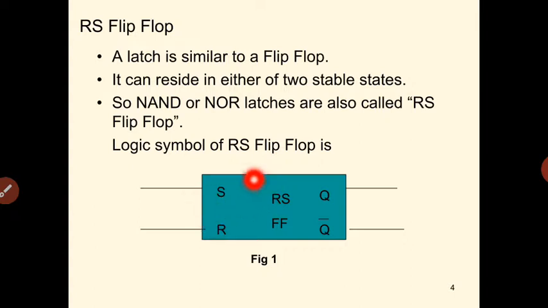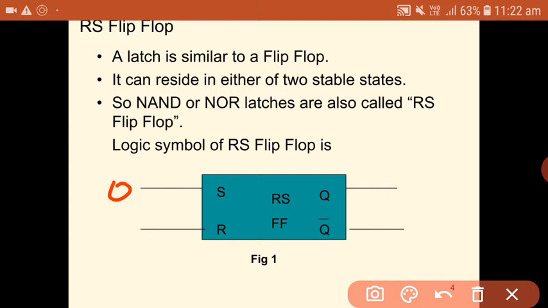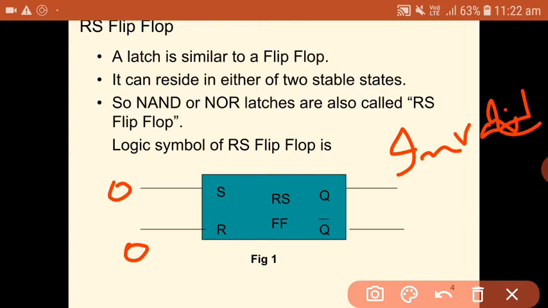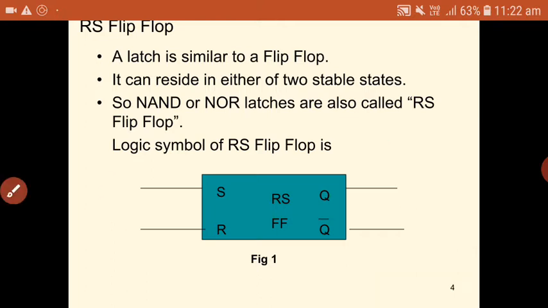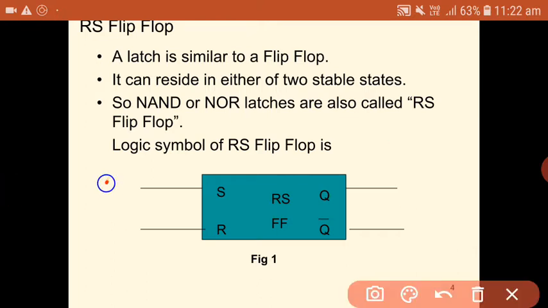This is the basic symbol of the RS flip-flop without applying any clock. Depending upon the inputs applied, if you apply 0 0 inputs, you will get an invalid output. For the 0 1 combination you will get output 0, because R is 1, that means resetting.